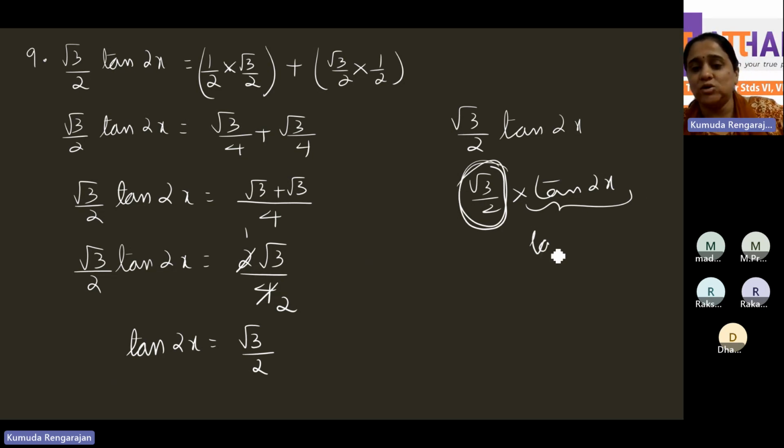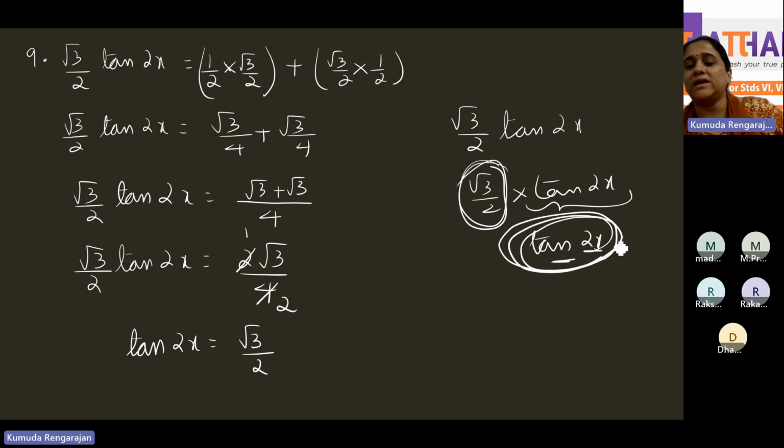But this tan 2x, you know, tan and 2x, this is one full thing. Here, nobody can go loose like that. Tan 2x is one full thing. Nobody can get separated. This is not tan into 2 into x. Tan 2x, it's one full thing. But this root 3 by 2 can go to the other side. So it will become into 2 by root 3.